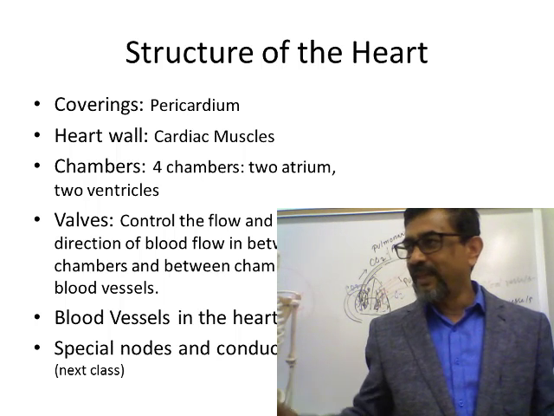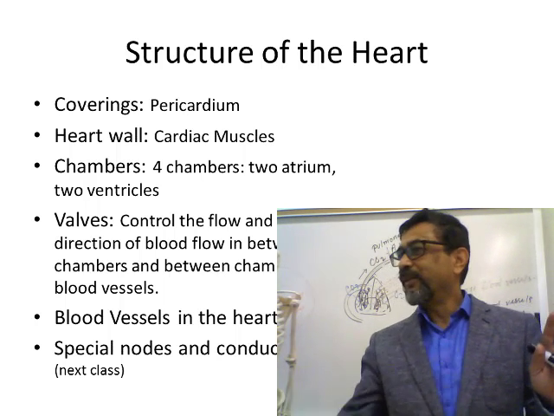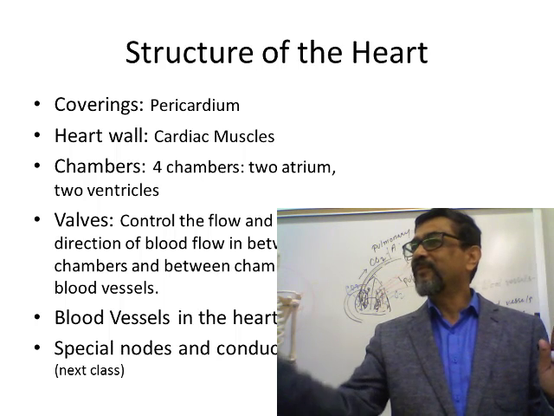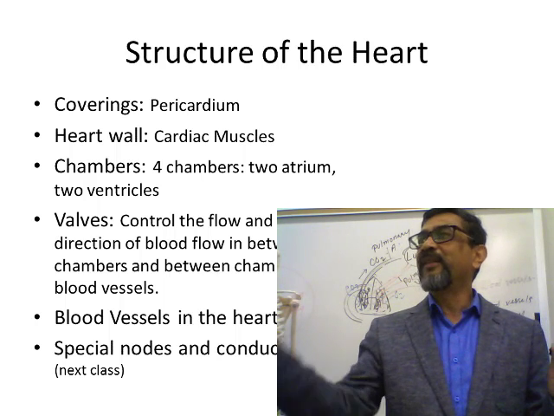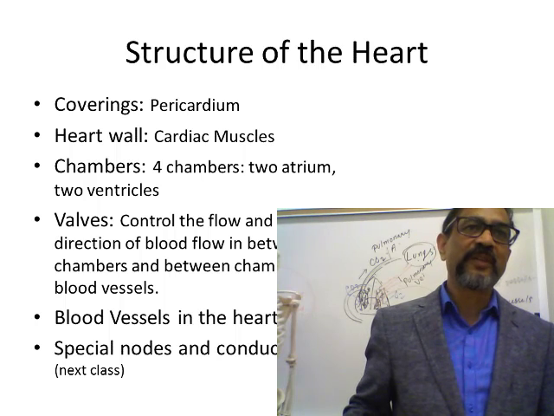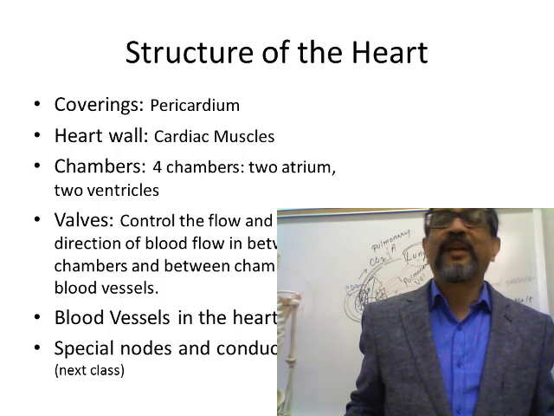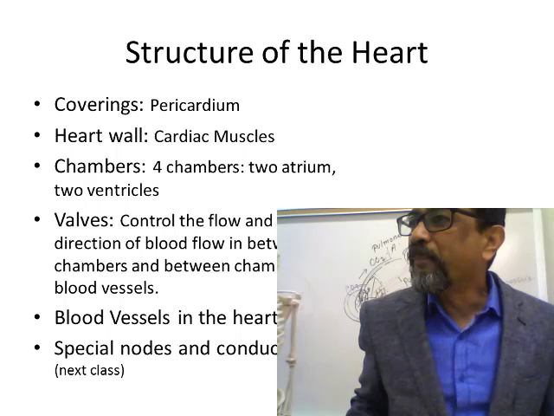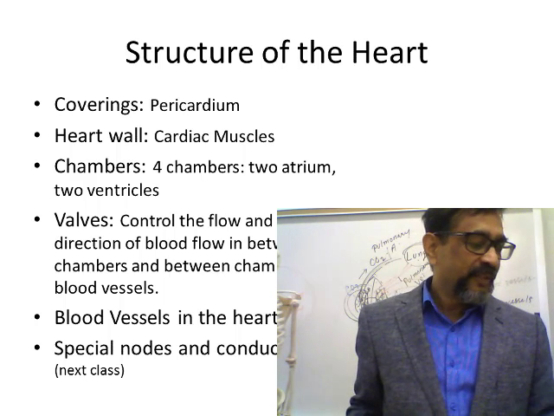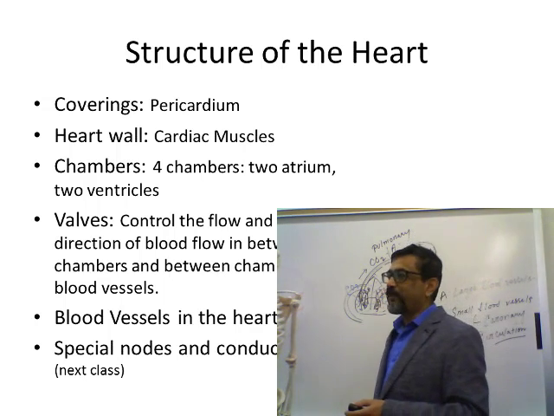That is the conductive system. So nodes are producing electrical impulse, but that electrical impulse must go to the heart everywhere, and that is the conductive system that transmits that impulse throughout the heart.